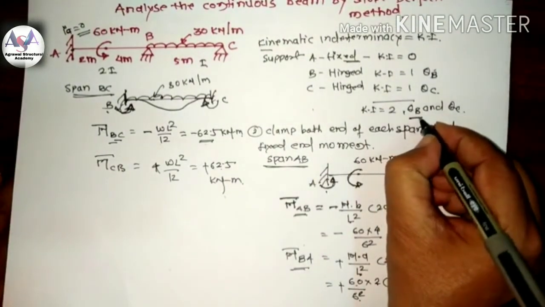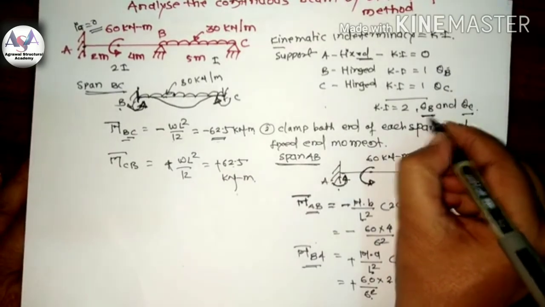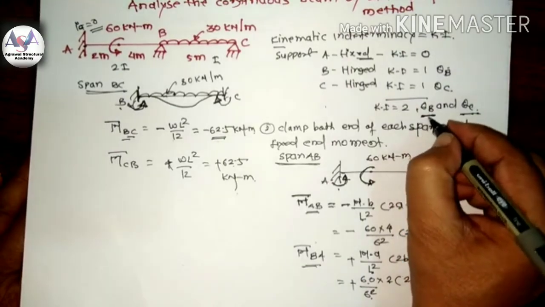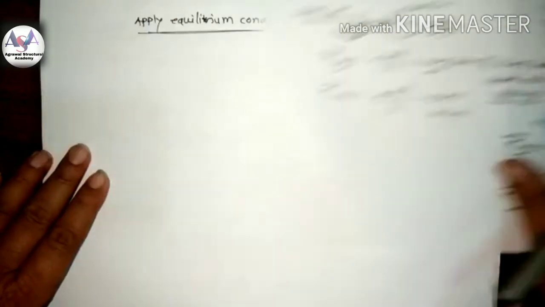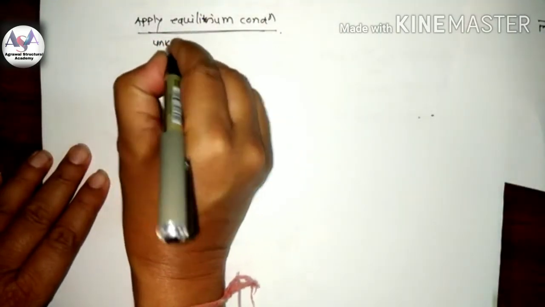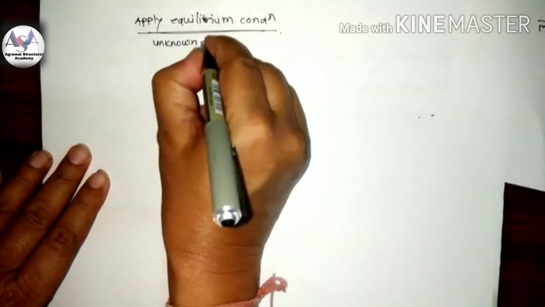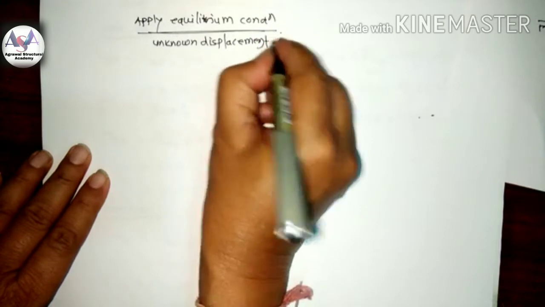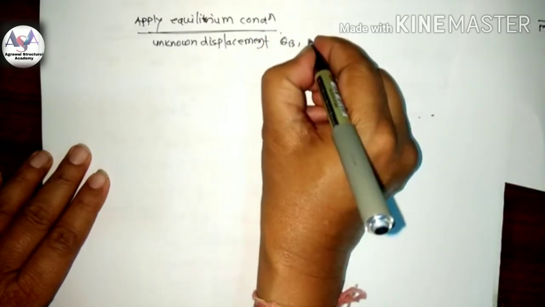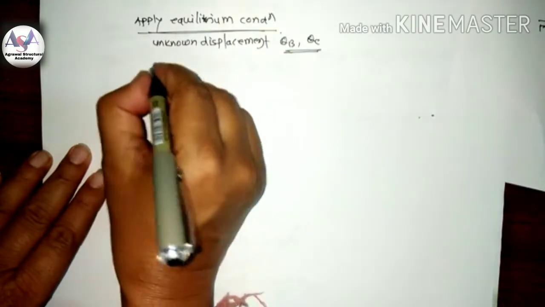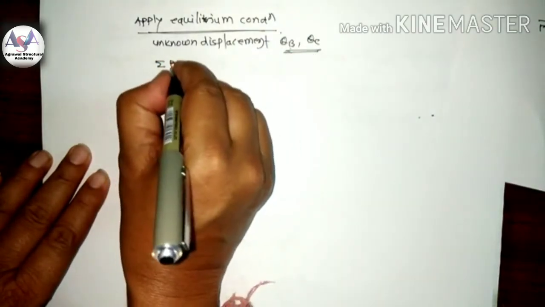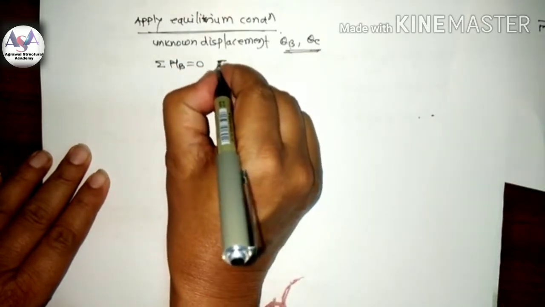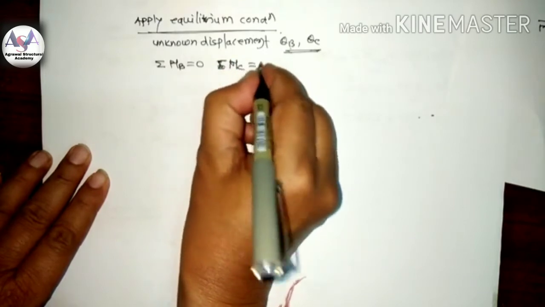Here, for theta B and theta C, we have taken sigma MB and sigma MC, because the unknown displacements are theta B and theta C. So take at B sigma MB equal to 0, and at C sigma MC is equal to 0.